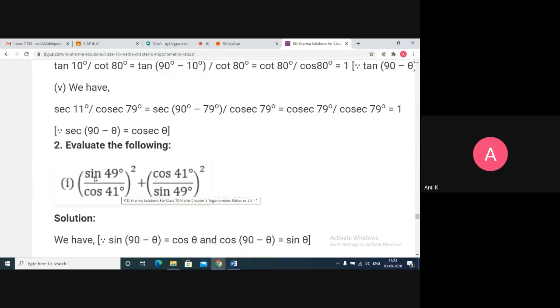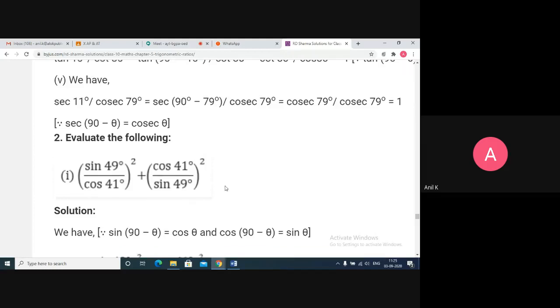So you can convert any one of them, either numerator or denominator. If I go for the numerator, sin 49 I can write as cos of 90 minus 49. 90 minus 49 is 41. So you get cos 41 upon cos 41, both will get cancelled. It will be 1. 1 square is also 1. Similarly, the second bracket also will give you 1. So 1 plus 1 is 2.